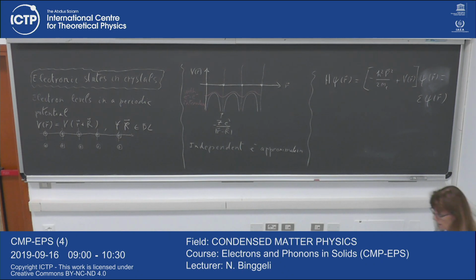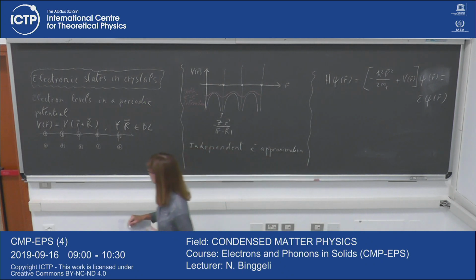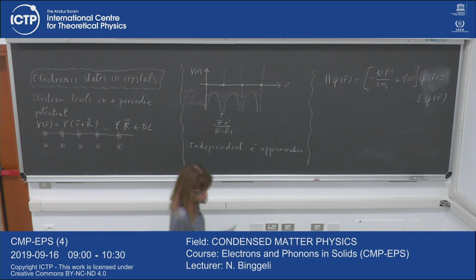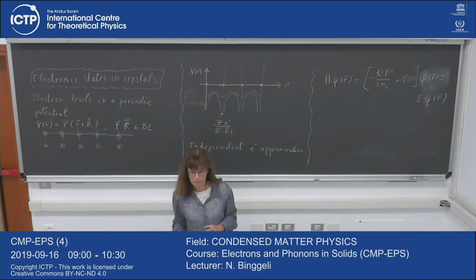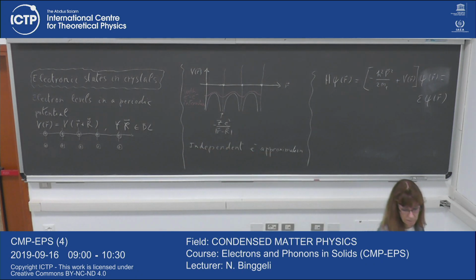In the next semester, you will see in the electronic structure course density functional theory, which is a theory based on the theorem where instead of solving the many-body Schrodinger equation, one simplifies and considers that the density of the electrons can be used as a variable that will determine the ground state of the system.